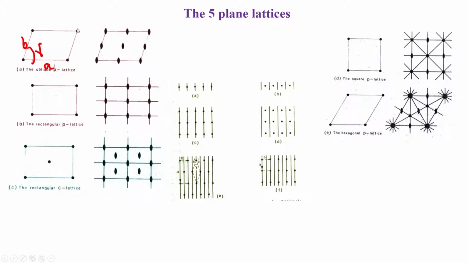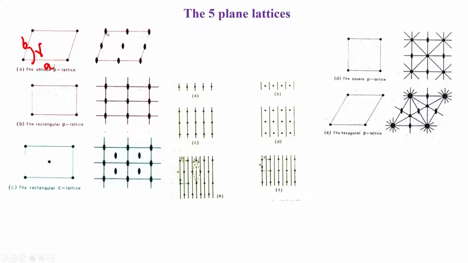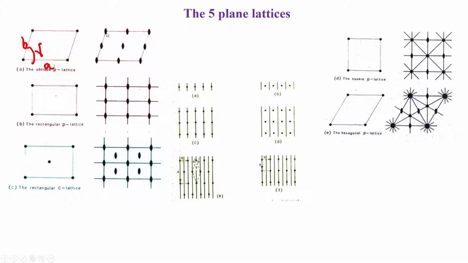The lattice points at the unit cell edges will now have, because it is a plane lattice, there is no third dimension. Because there is no third dimension, the symmetry associated with this point will be a twofold. So, the minimum symmetry associated with an oblique P lattice is a twofold symmetry, and this twofold symmetry will repeat itself at all these 4 corners wherever there are lattice points.